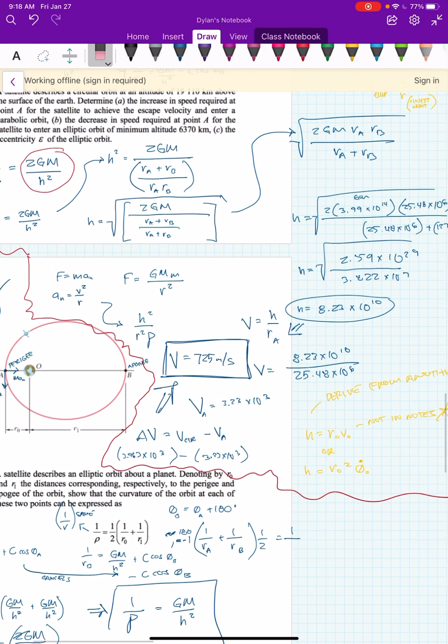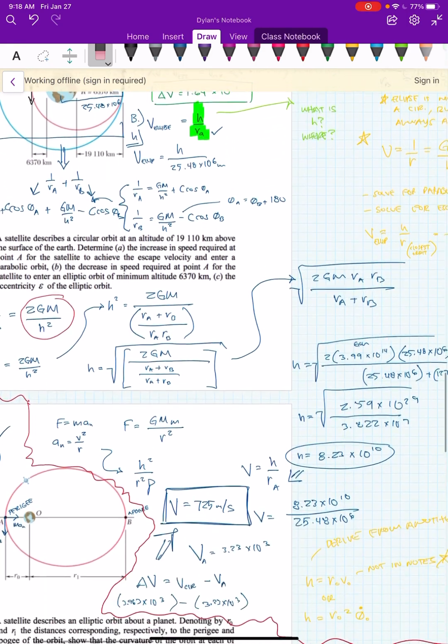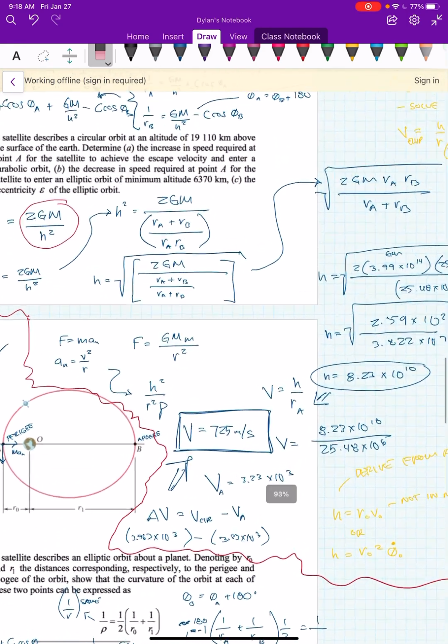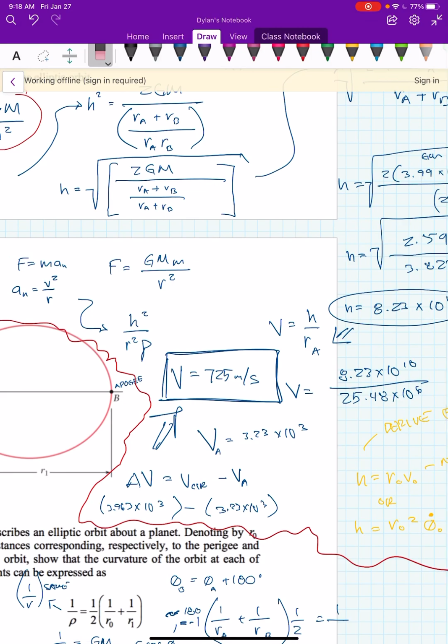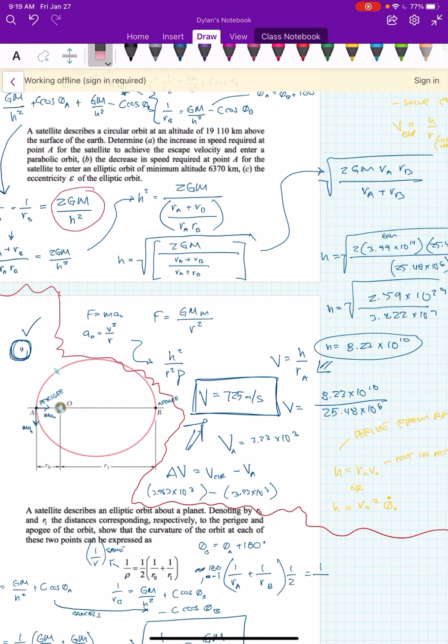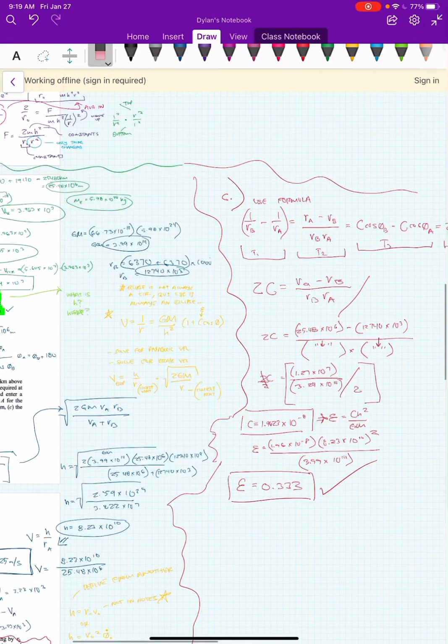A little confused there on what this value is, but I know it's at point A. I think that's the total velocity, and then I need to take the velocity of, oh yeah, that's for the parabolic velocity. I just get confused because I name it v ellipse. And then I need to subtract that from the velocity it would be at entering the circle, and then that's how much it would need to slow down, is the difference there.